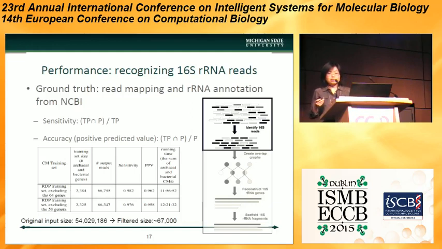The first training set excludes all the 16S genes in this mock community data. The second model excludes all the genes in the 50 genera because we want to see whether we can recruit novel 16S reads. As you can see, both of them have very high sensitivity and specificity, but the running time indeed is high, about 12 hours.